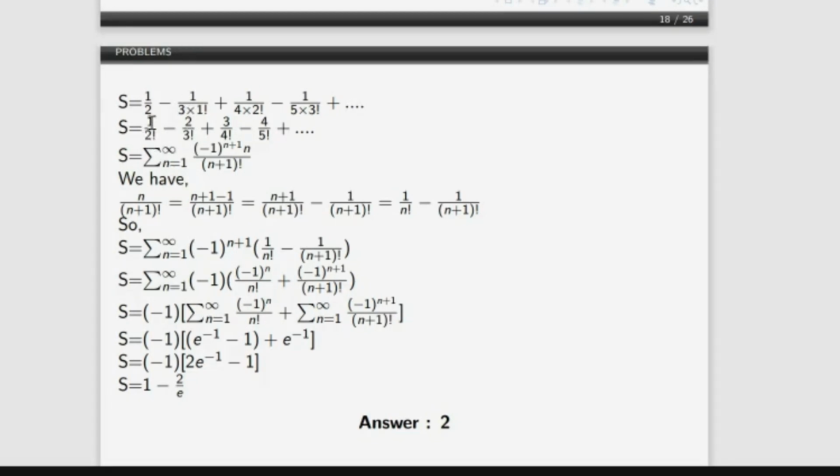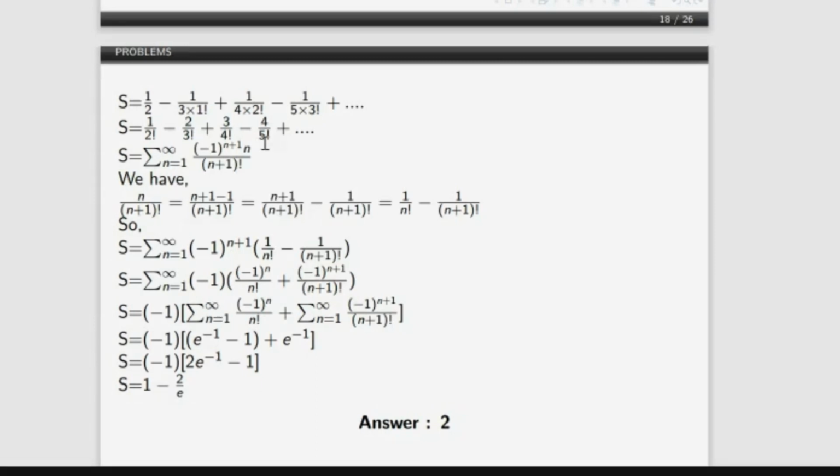So here it is the same, 1 by 2 factorial. From the next term onwards, it becomes 2 by 3 factorial plus 3 by 4 factorial minus 4 by 5 factorial plus etc. So I have reshaped my series as the series n equal to 1 to infinity of minus 1 power n plus 1 into n by n plus 1 factorial.